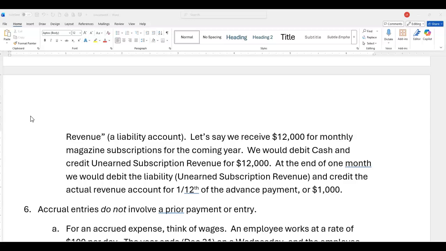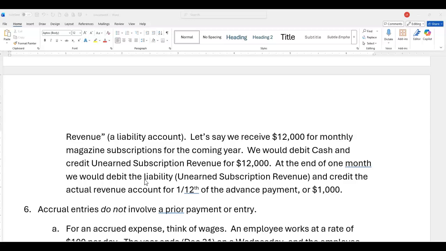And then at the end of the 1 month, we would adjust that because 1 month of those subscriptions had been provided. So we would then debit the liability account. We'd reduce that liability account by $1,000, 1/12 of the amount, and we would credit the actual revenue account, subscription revenue, for the same amount.